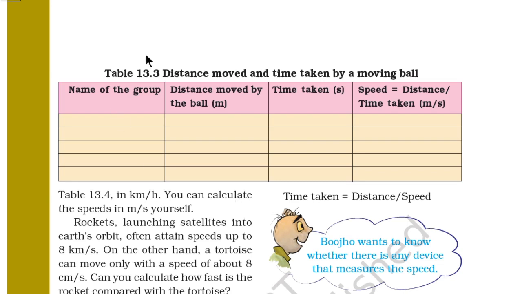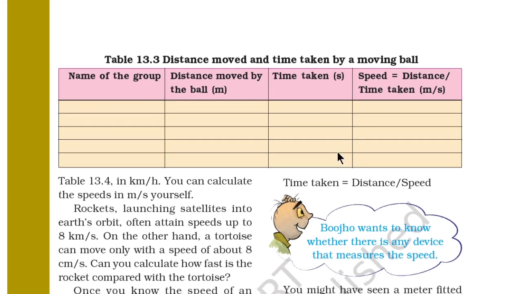So here you can calculate the distance moved and time taken by a moving ball. Name of the group, distance moved by the ball in meters, time taken in seconds, and speed is equal to distance upon time. So you will divide distance by the time and you will get the speed of the ball of your different groups.